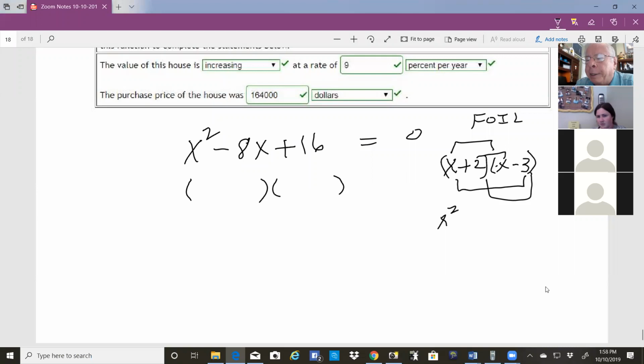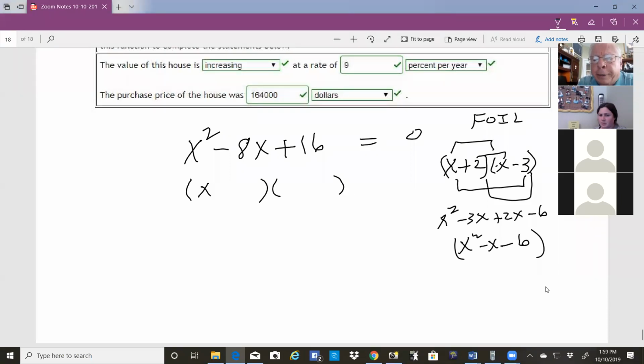The outside is minus 3x. The inside is 2x. And the last is 2 times minus 3, which is minus 6. It's x squared minus x minus 6. That's foiling.